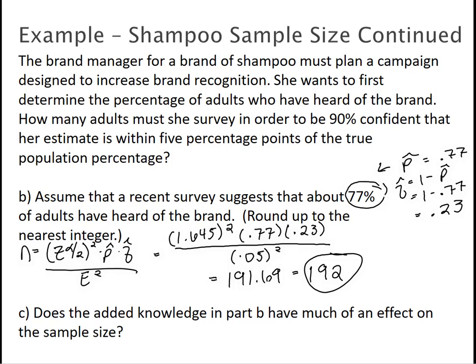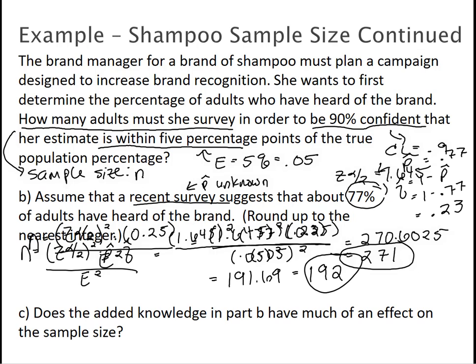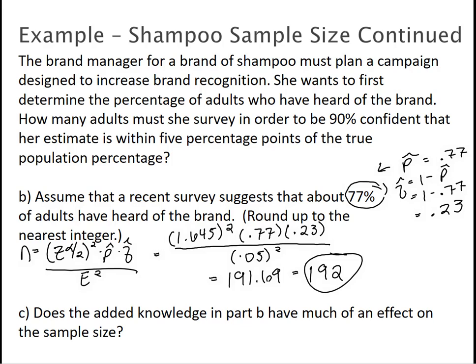Okay, so now Part C asks me, does the added knowledge in Part B have much effect on the sample size? Well, it really did. I'm going back to the first slide here. If nothing is known at first, I need to survey quite a few people, 271 people. But when I have that added knowledge that 77% of people already have heard of the brand, that number is reduced quite a bit to 192. That's nearly 100 fewer people that I need to survey.